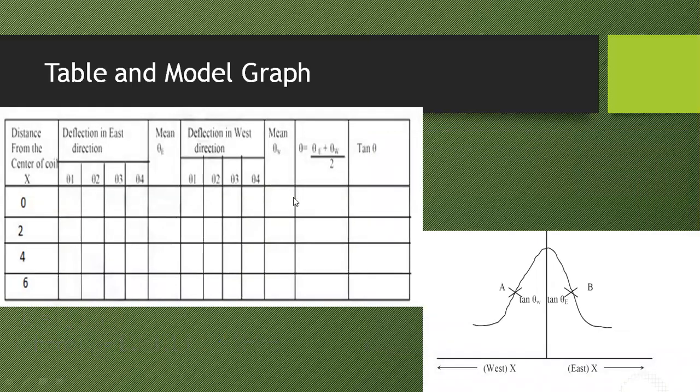Once you get it, then you can draw the graph between the distance of the magnetometer from the center of the coil to the respective tan theta. So this is the model graph that we're going to get after performing the experiment.